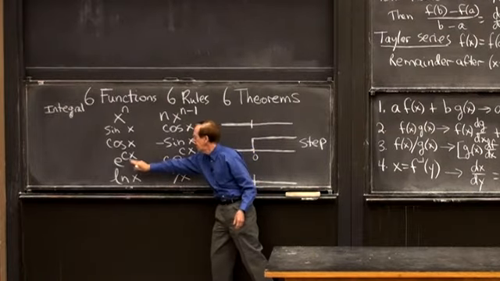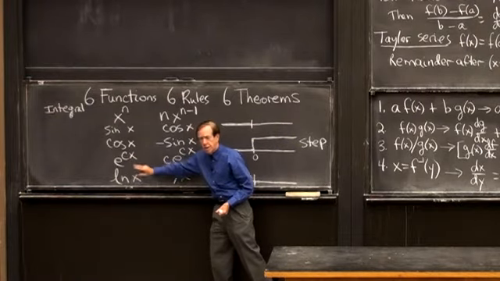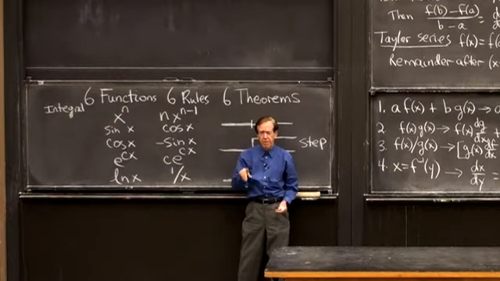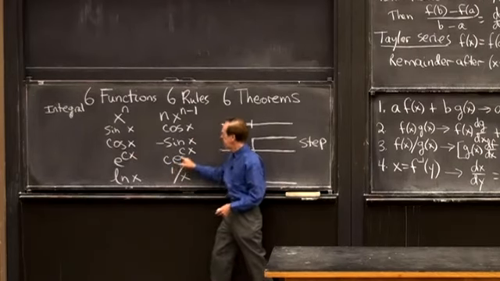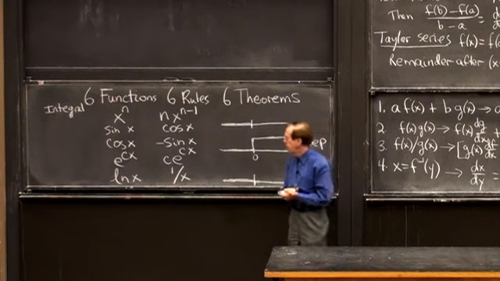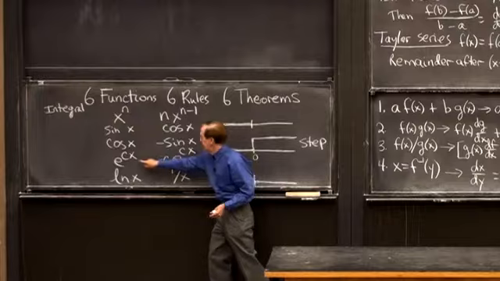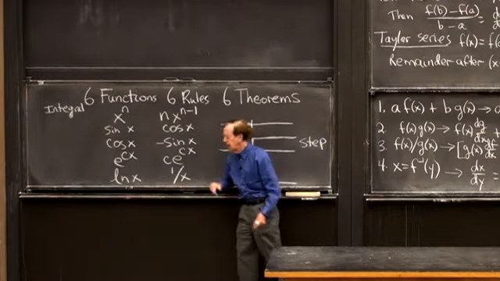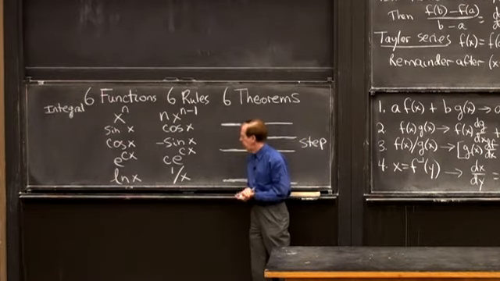Function 3, function 4 has something important. If it's e to the x, then we know the derivative is e to the x. But if it's e to the cx, a factor c comes down. Important case. You could say the chain rule. The derivative is that times the derivative of what's inside, which is the c. And finally, the natural logarithm with the great derivative 1 over x.